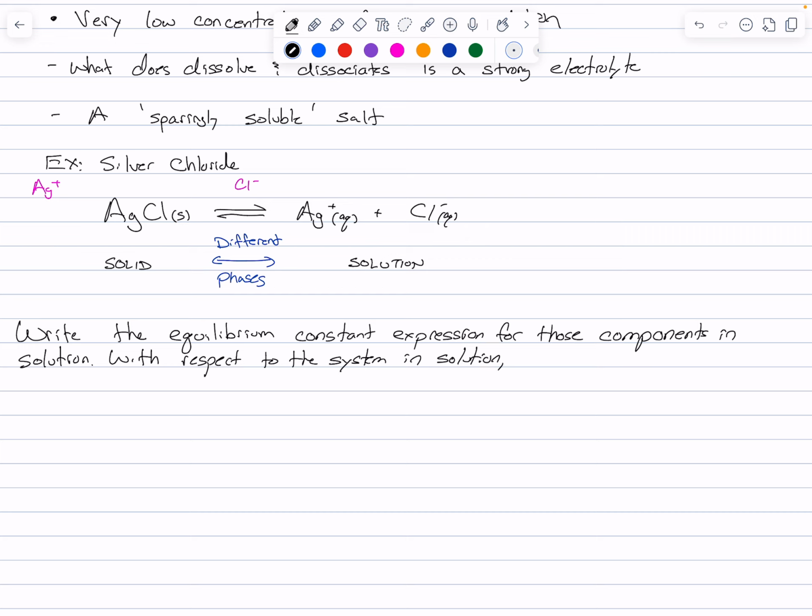The amount of solid, in this case solid silver chloride, present is irrelevant, as long as at least some solid is present when equilibrium is reached.